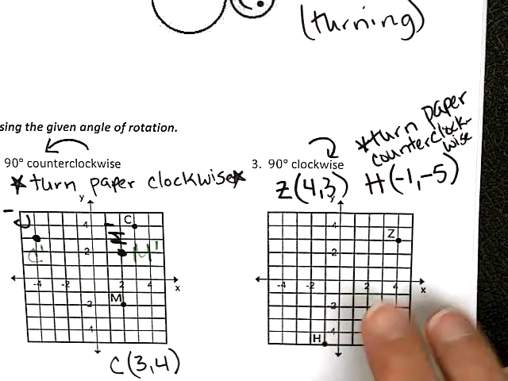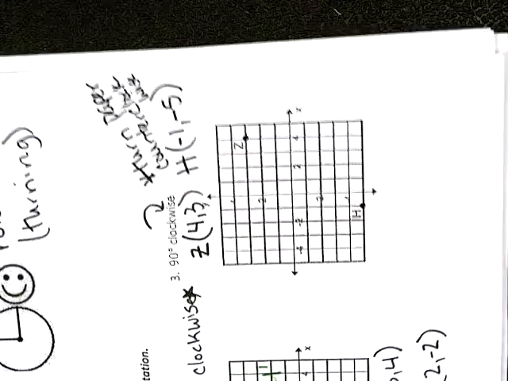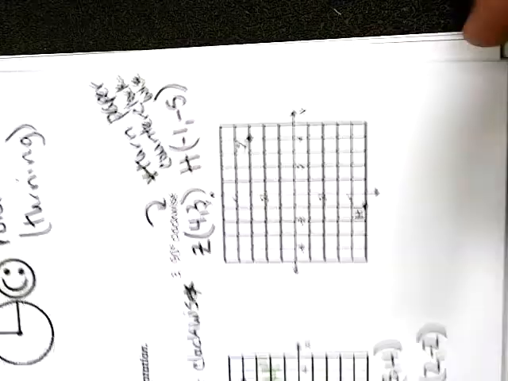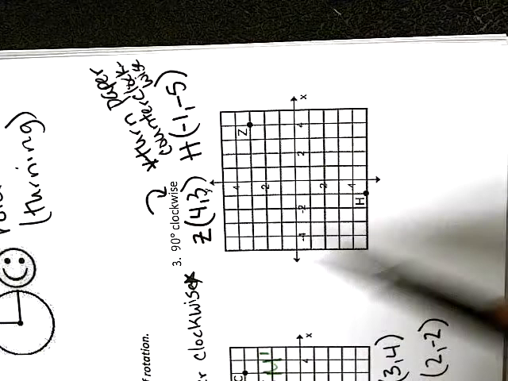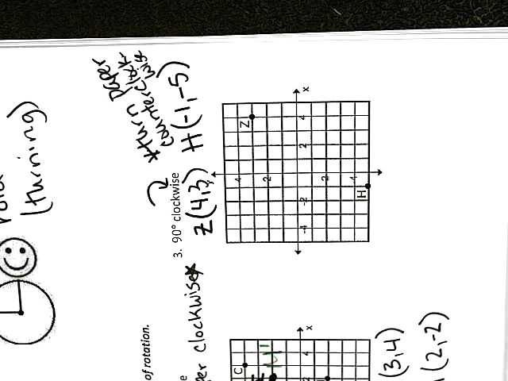All right, so if my paper is here, I want to turn it counterclockwise. I'm going to turn it this direction. All right, so now this last coordinate plane that we're talking about is actually on the top of our paper. Okay, that's because we turned our paper counterclockwise.